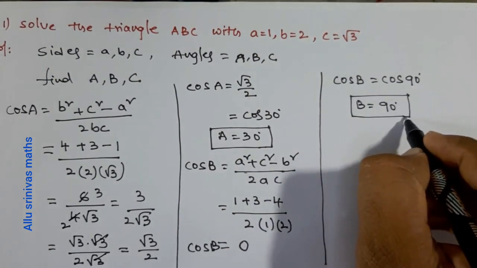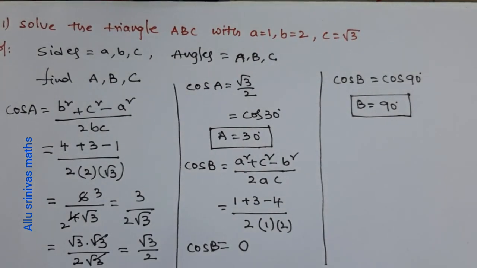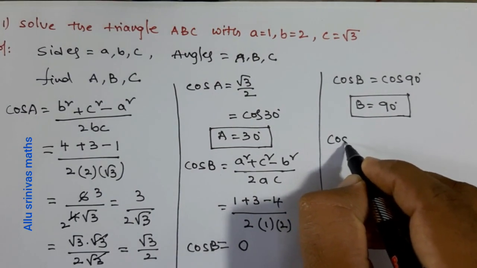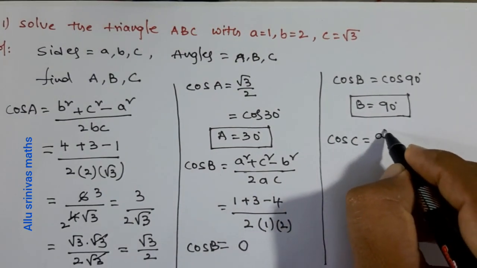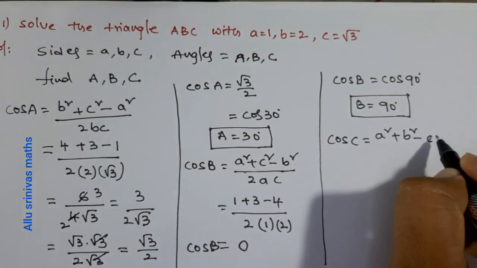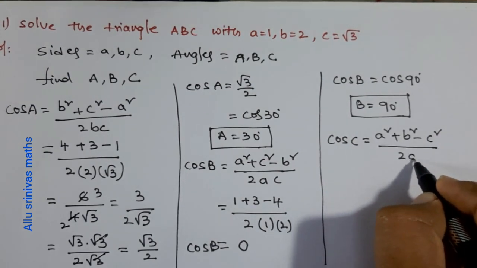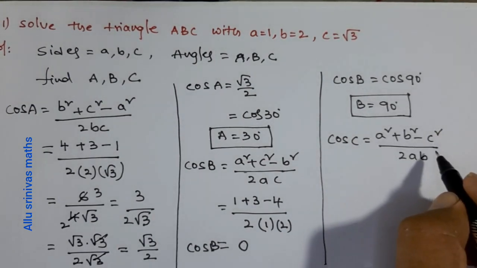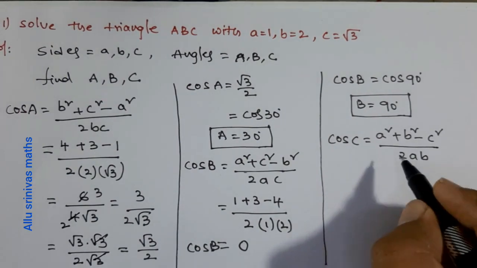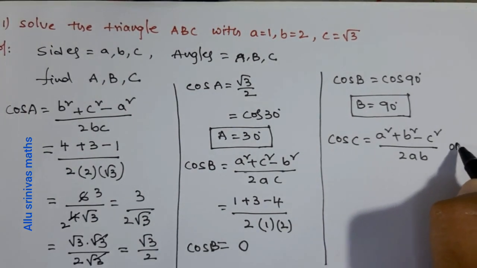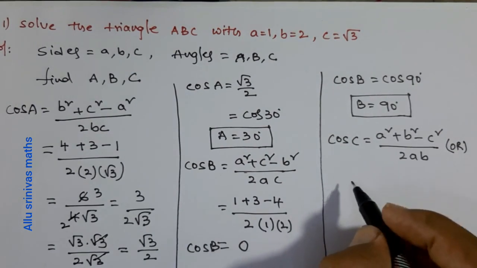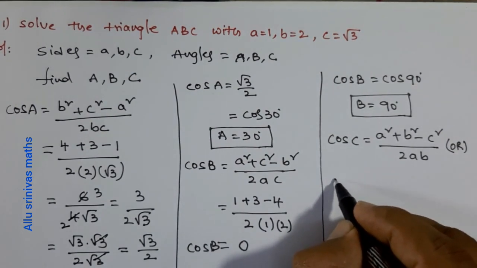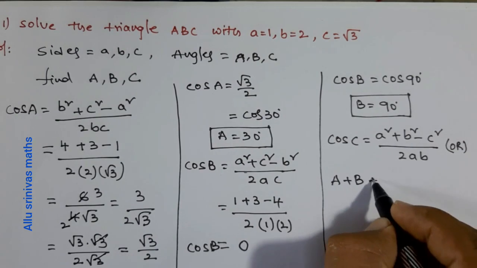Next we have to find angle C by using the cosine rule, or we know the sum of the angles is 180 degrees. Cos C equals a square plus b square minus c square by 2ab. Use this formula for finding the angle C, or we know from previous classes the sum of three angles is 180 degrees.